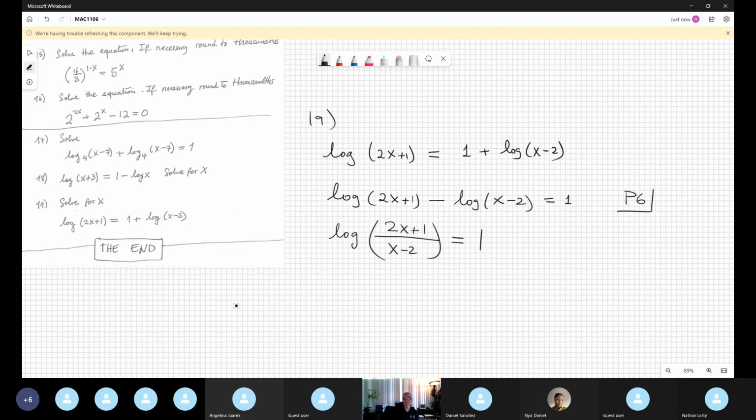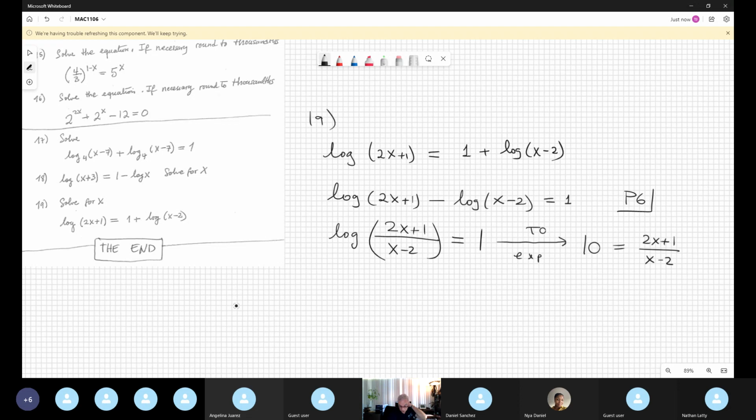Clear? Yes. Now, what should I do? What should I do always? Conversion to exponential to see more clear. And the base, you need to know, is 10. 10 to the 1 power is invisible 1. Equal. The rest is 2x plus 1 divided by x minus 2.